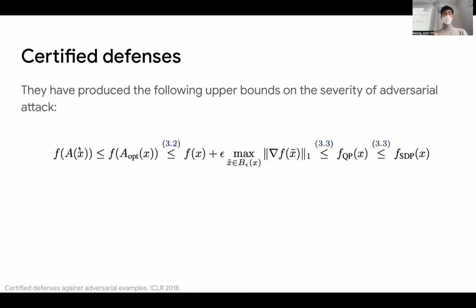Of course, when someone attacks within this LP ball, it's still going to be no better than the worst case adversary, which is A opt of X. So this paper later bounds this worst case loss value with some kind of Lipschitz bound, and then turns that Lipschitz bound into a quadratic programming bound using the fact that this is just a two-layer neural network.